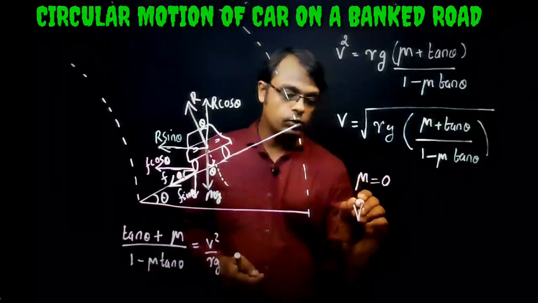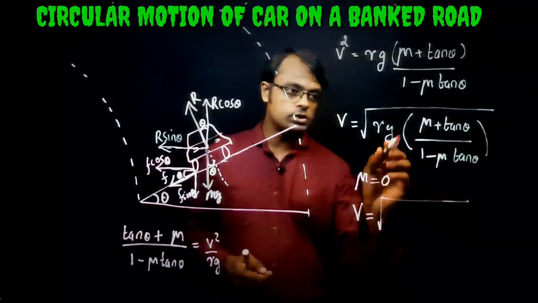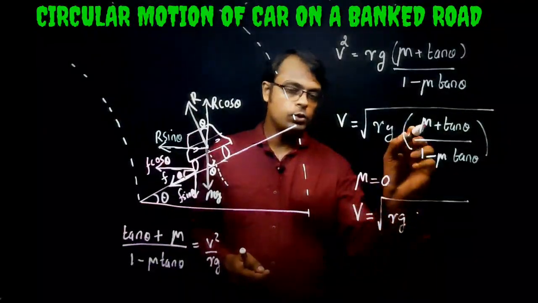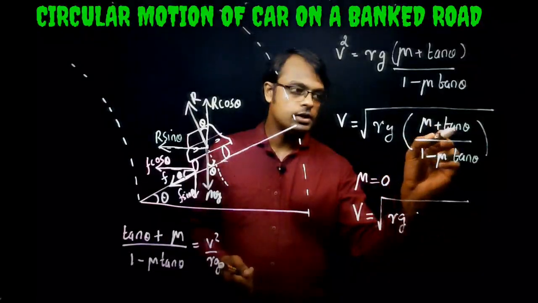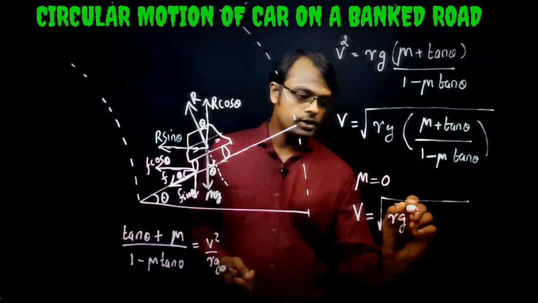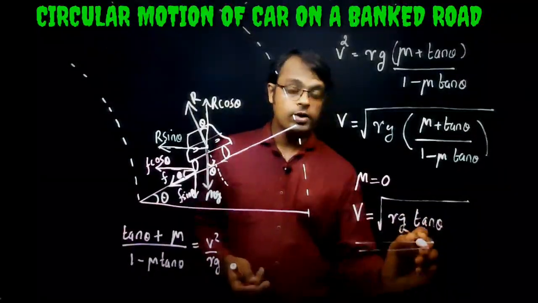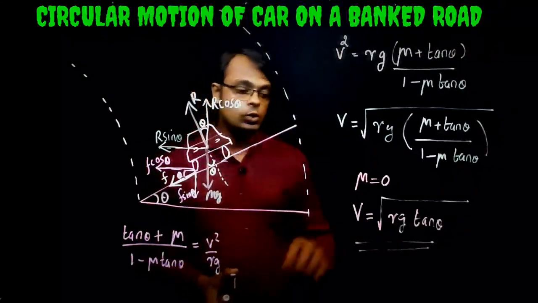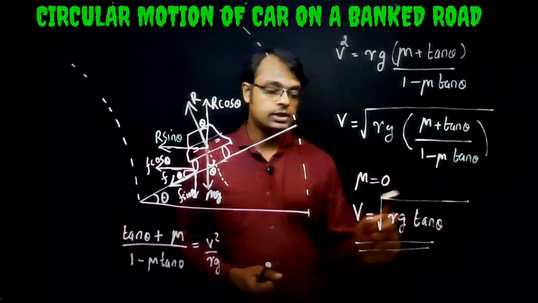So the speed is equal to root of rg into, see, mu is 0, right? So here what will happen, tan theta by 1. So we can write here rg tan theta. So this is the relation when there is no friction acting between the tires and the road, the speed is equal to root of rg tan theta.